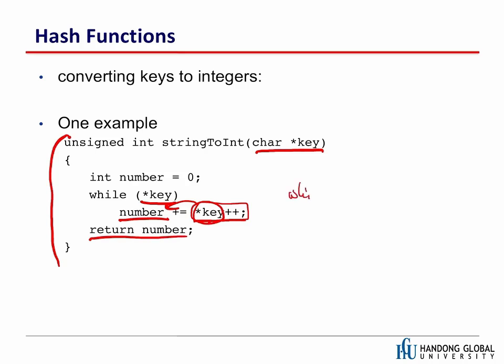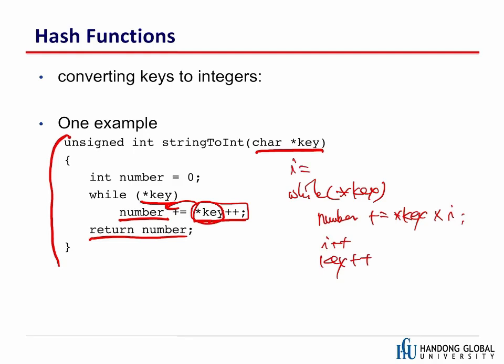Or if you want, you can do this: while pointer key, the number plus the key star times I, okay, and the I increases and key increases and I starts from 1.